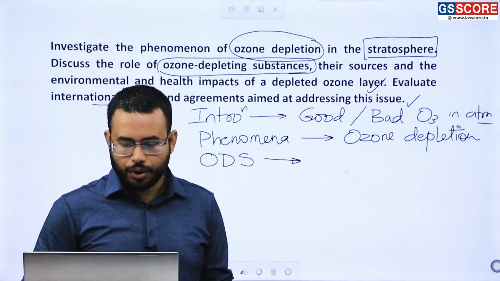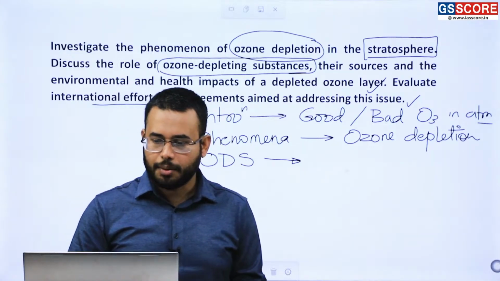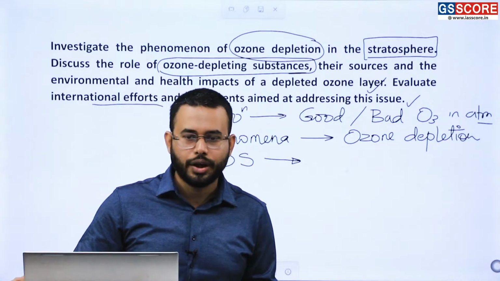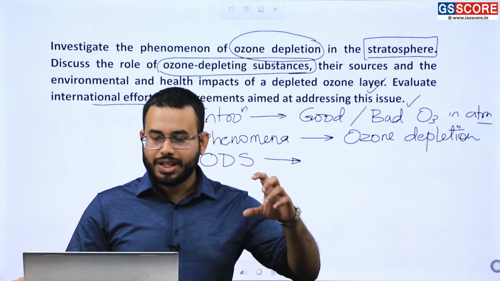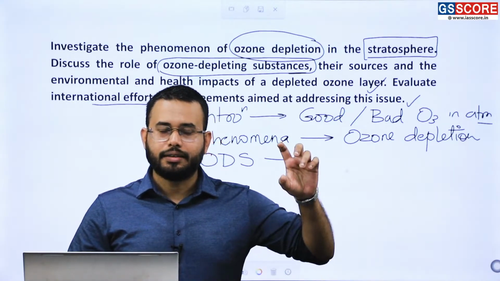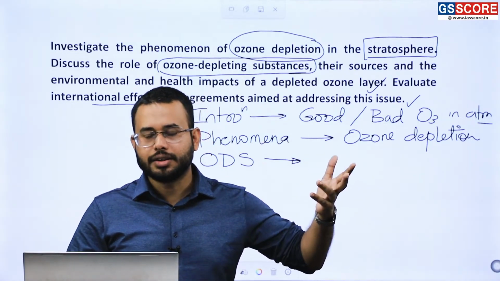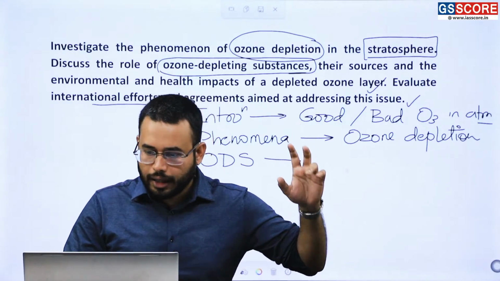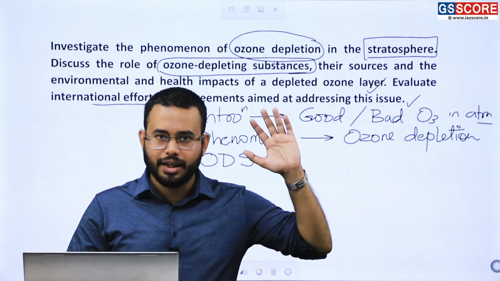When we talk about the sources, ozone depleting substances are basically human-made chemicals that contain chlorine, bromine or fluorine atoms, which have the potential to react and destroy ozone molecules. These chemicals create free radicals of chlorine, bromine, fluorine, and these interact with the ozone and deplete the layer through a chemical reaction.